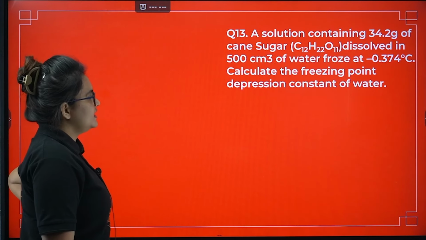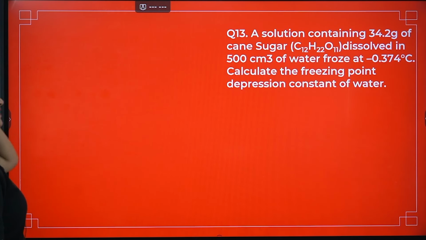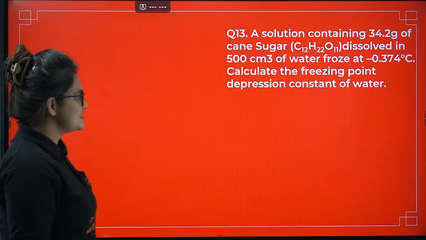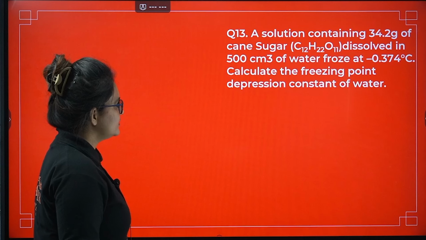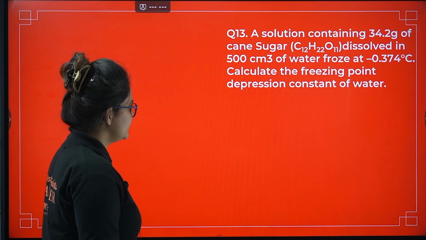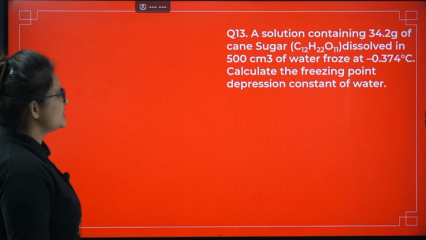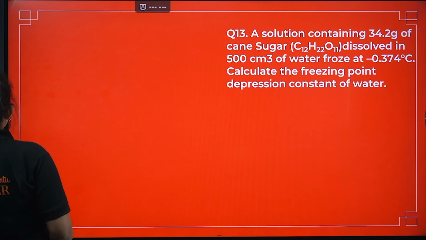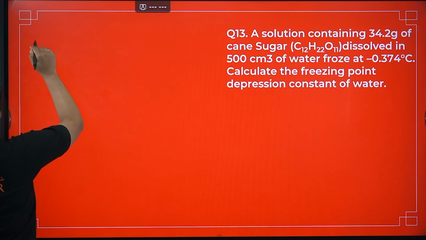A solution containing 34.2 gram of cane sugar dissolved in 500 centimeter cube of water froze at minus 0.374 degrees Celsius. Calculate the freezing point depression constant of water. Okay, let's do it. So what are the things that are given? At first write it.